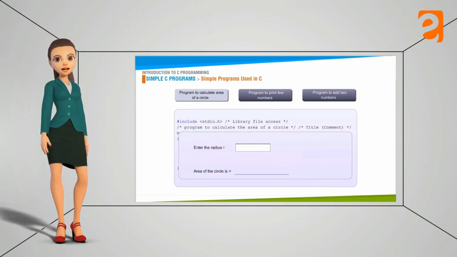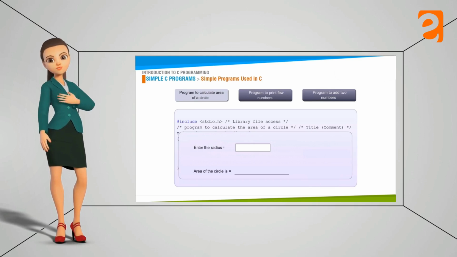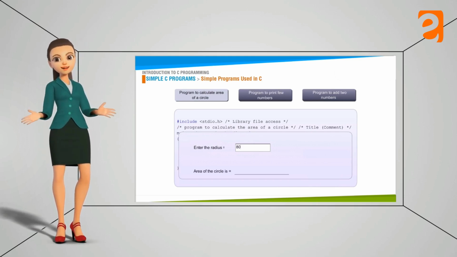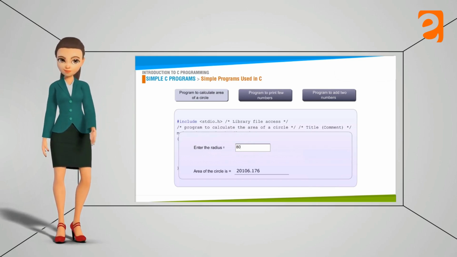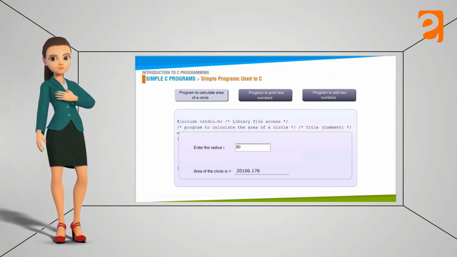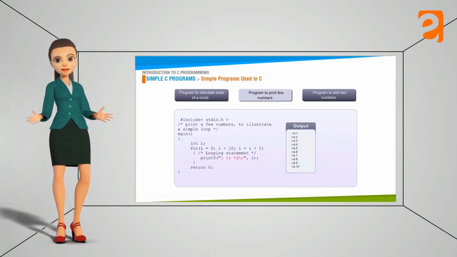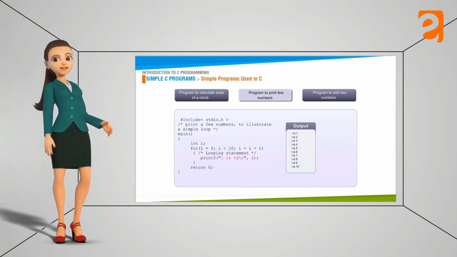As we can see from the pop-up window, the user is prompted to enter the radius. Let's input the value as 80. The area of the circle is given as 2010.176.